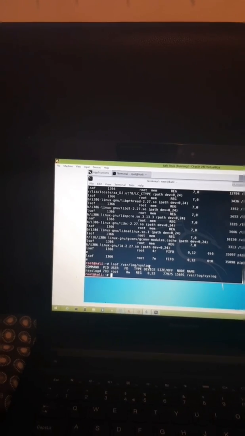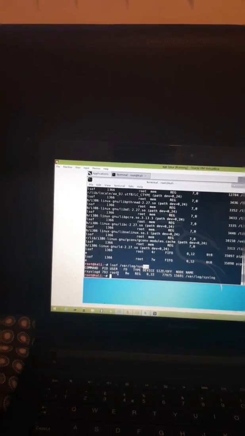So this is the process that is opened on the system log file at this time. This is the process that is there, and it shows the user, that is the root, and it only has the write access, and it is a regular file as well.